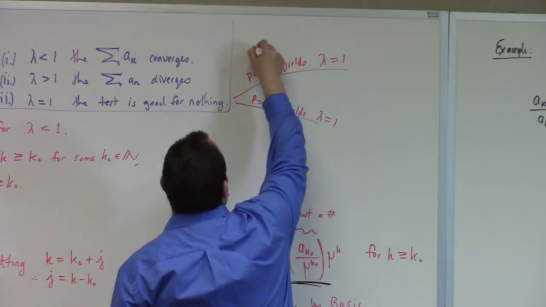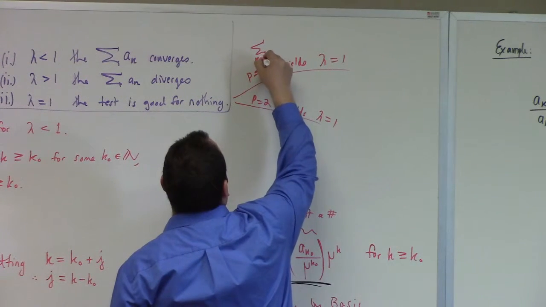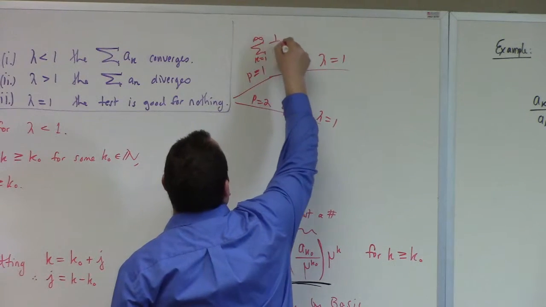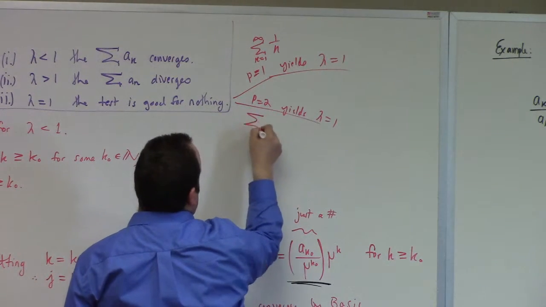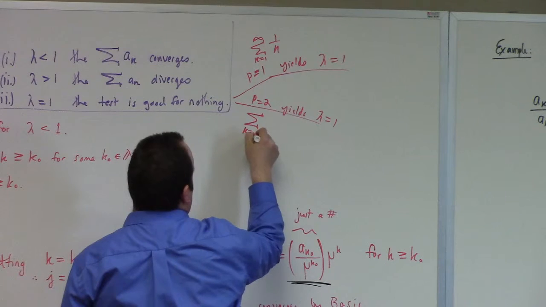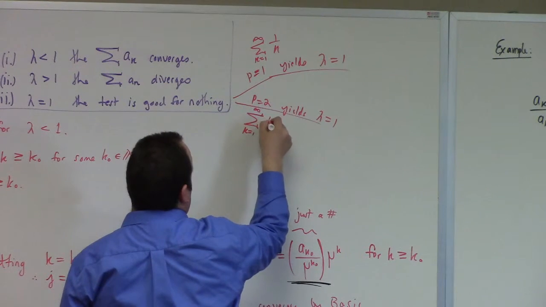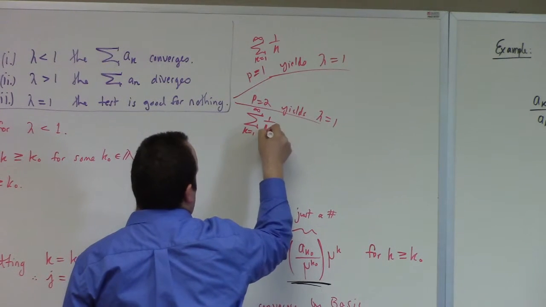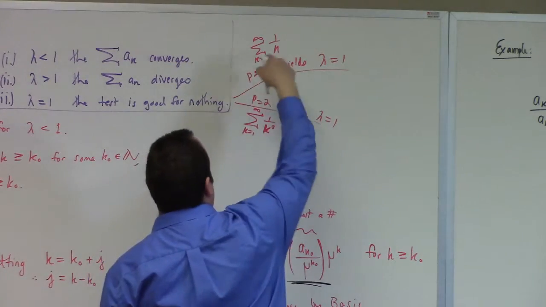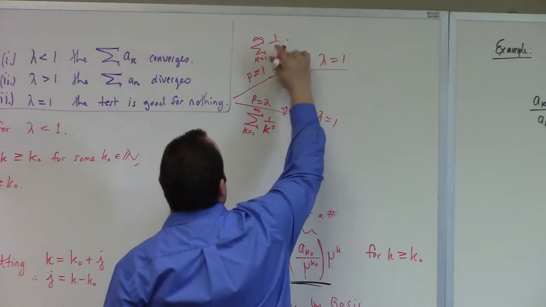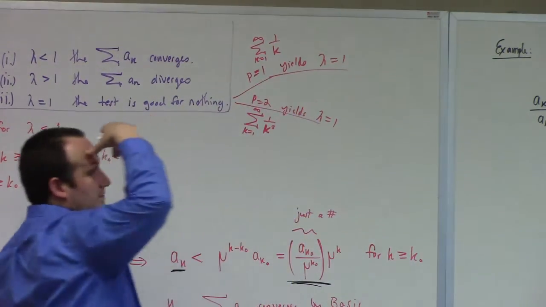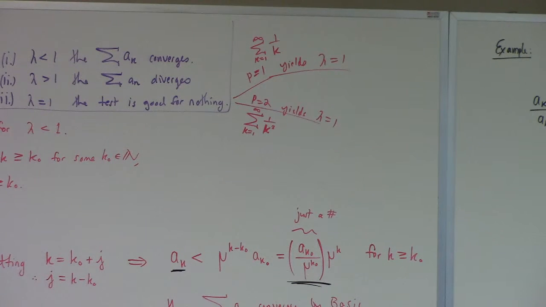So p equals 1 again is the harmonic series. p equals 2 is the p equals 2 series, which converges. And you can easily check that the ratio for both of these is 1. And yet one of them is convergent, one of them is divergent, so that proves it's inconclusive. Okay?